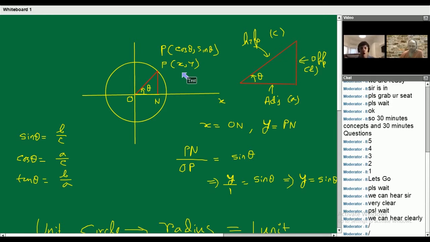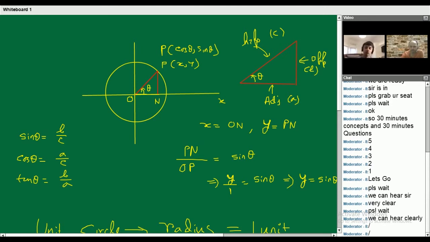Okay, it's clear? Great. So that was the first concept. For a unit circle, the x coordinate is nothing but cos theta, and the y coordinate is nothing but sine theta. That's the concept we have to remember.